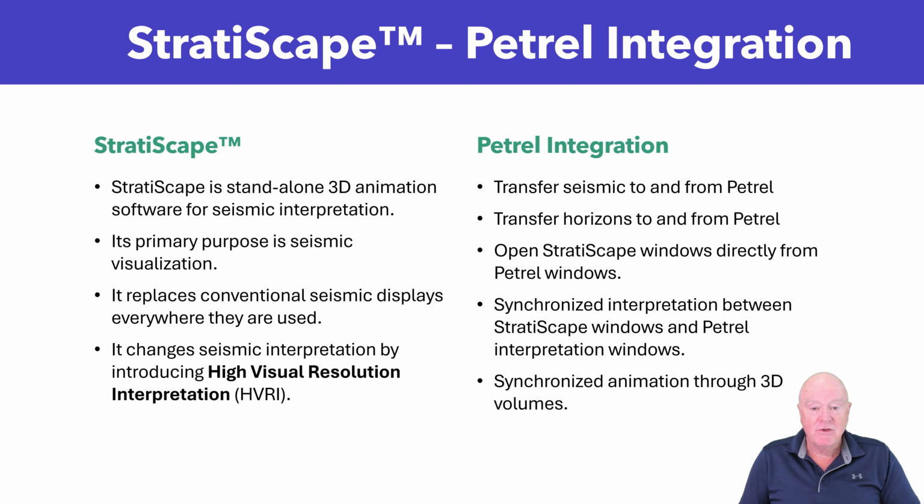But before I talk about StratiScape, let me tell you a little bit about myself and how I came to focus my career on seismic visualization. To begin, I am primarily a physicist. I earned my undergraduate degree from the University of Guelph in 1975, majoring in biophysics and minoring in nuclear physics. I graduated as the top student in all science disciplines.